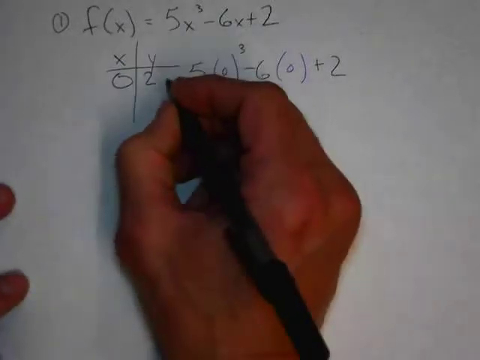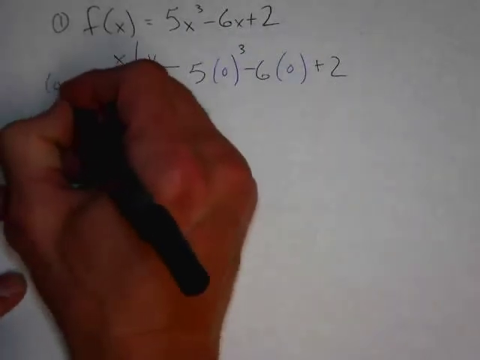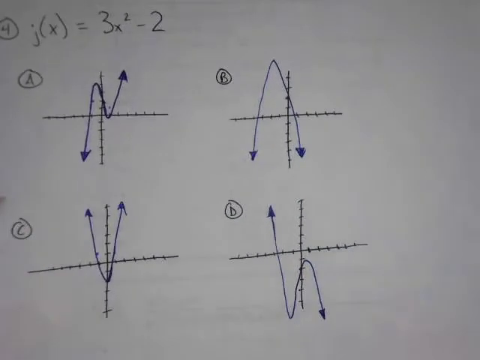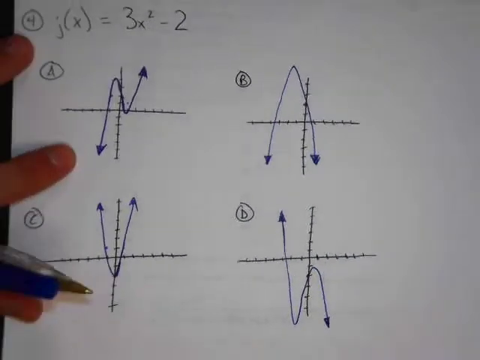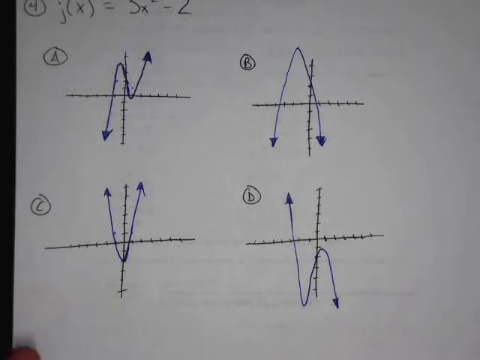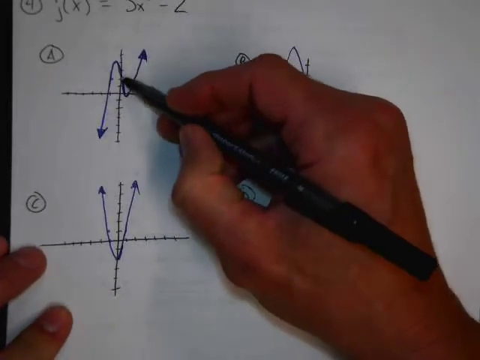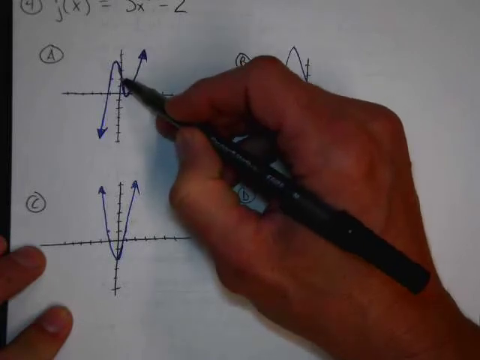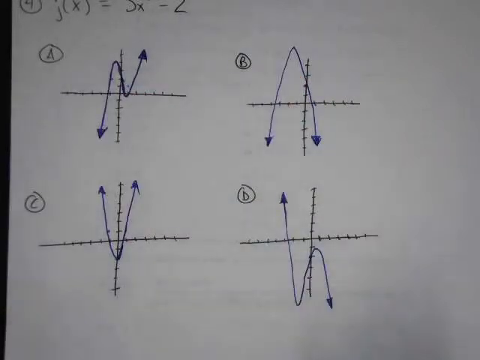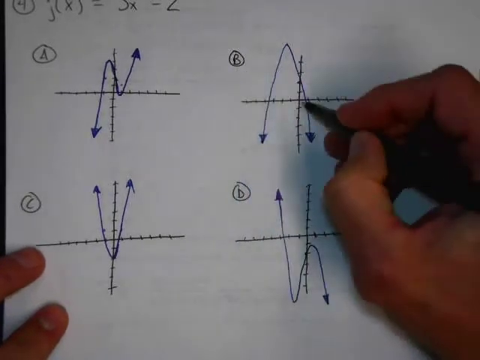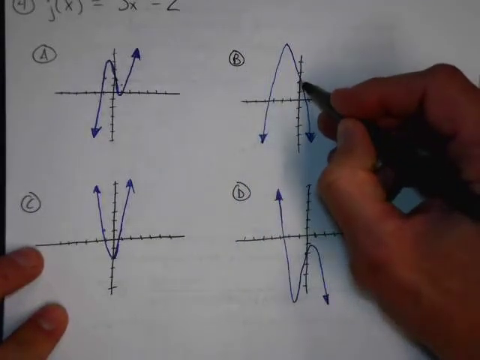So right now what we know is that we have an ordered pair of 0, 2, right? So what we can then do is look at the graphs that we have and see which graph crosses through the ordered pair 0, 2. All right, so we look at the first graph in A, 0, 2 is right here. This graph crosses through it. So A is a possible graph. Look at graph in B. The ordered pair 0, 2 is right here.